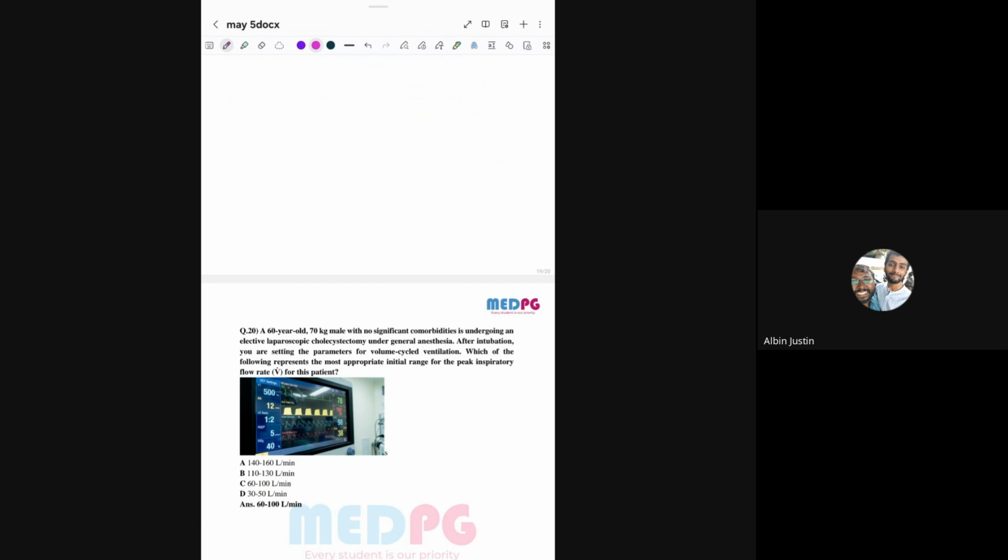In a standard adult ventilation, always set the TV at 6 to 8 and flow rate at around 60 to 100. Flow rate should be set at around 60 to 100. Is that clear?